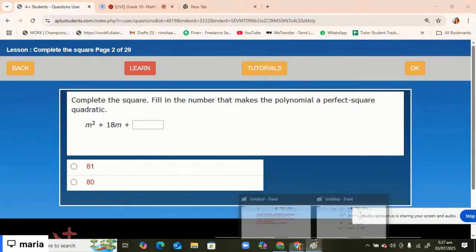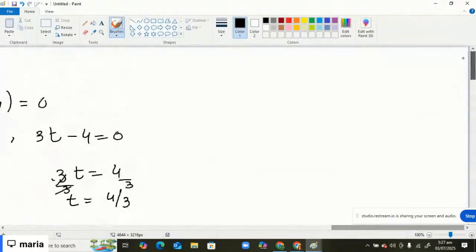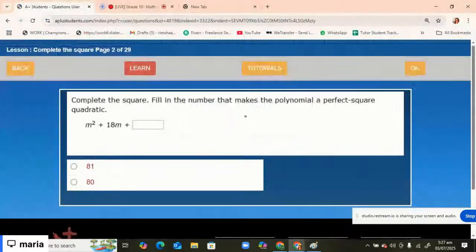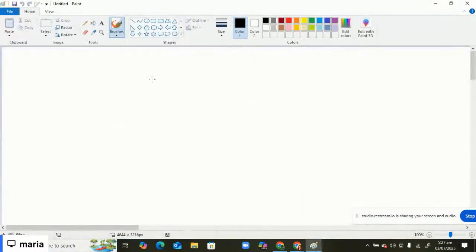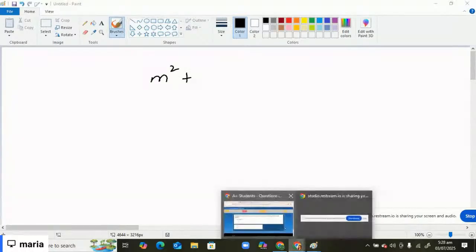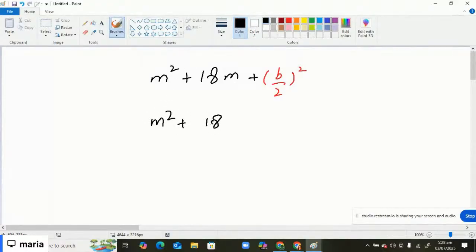m square plus 18m plus, here the missing term is b by 2 whole square. m square plus 18m plus, what is b?